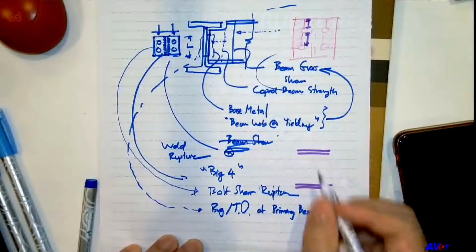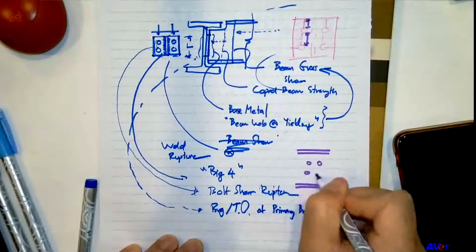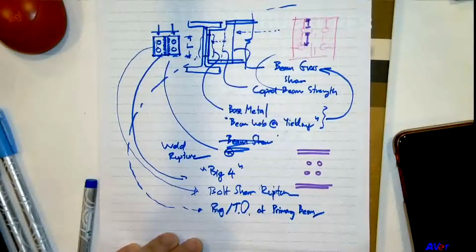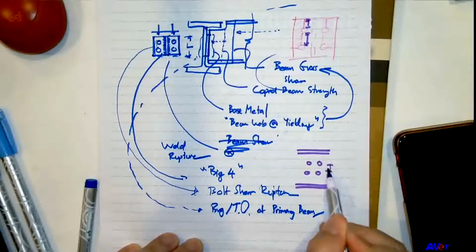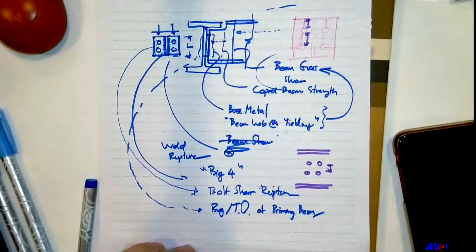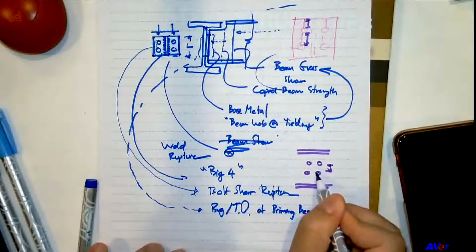So if this is a primary beam, you will see the bolt holes like this, right? And this becomes the Lc. If the beam is going to fall down, it means the tear out should occur down here, right?